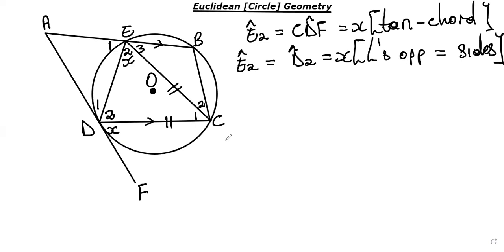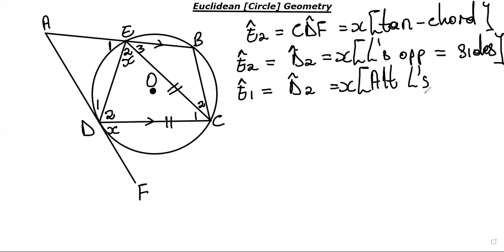Do you see that? Right. Then from this point, what do we say? Well, we identified a Z shape, remember? So we can say angle E1 is equal to angle D2, which is equal to X, because they are alternate angles. Why do they alternate?